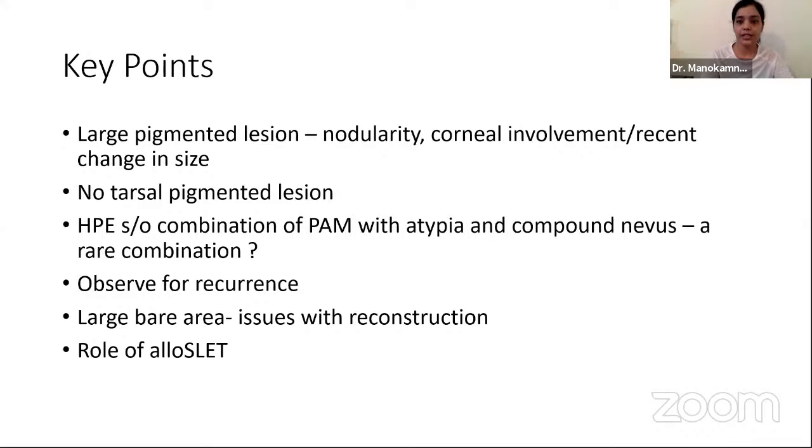There was no tarsal pigmentation noted, and histopathology was suggestive of a combination of PAM with atypia along with a compound cystic nevus, which I feel is a rare combination. We have observed the patient for any recurrence. And the large bare area can have issues with reconstruction and the role of allo-limbal transplant in such cases. Thank you.